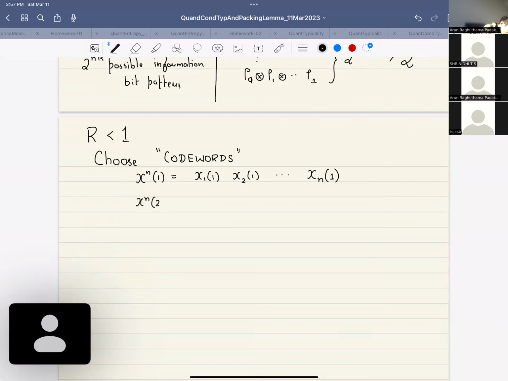Similarly, an n length bit pattern for the message 2, x1 of 2, x2 of 2, xn of 2, all the way to xn of 2 power nr.